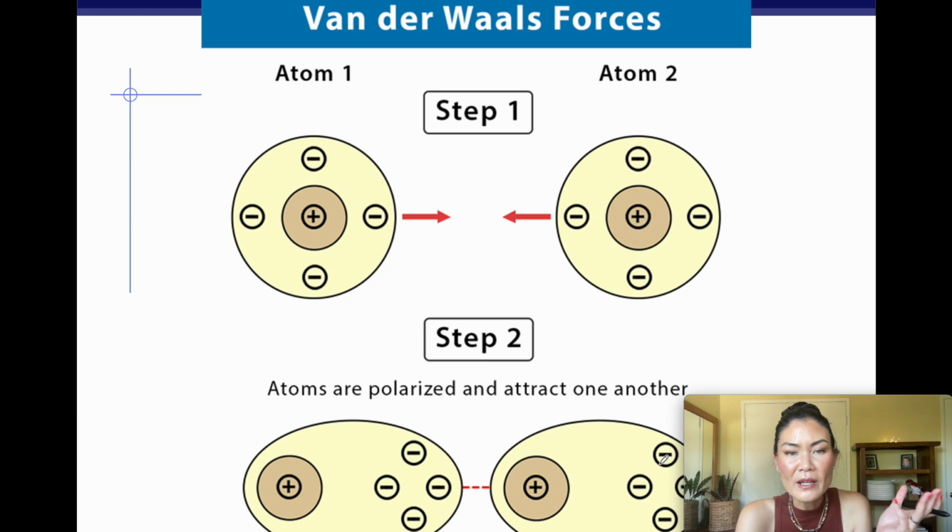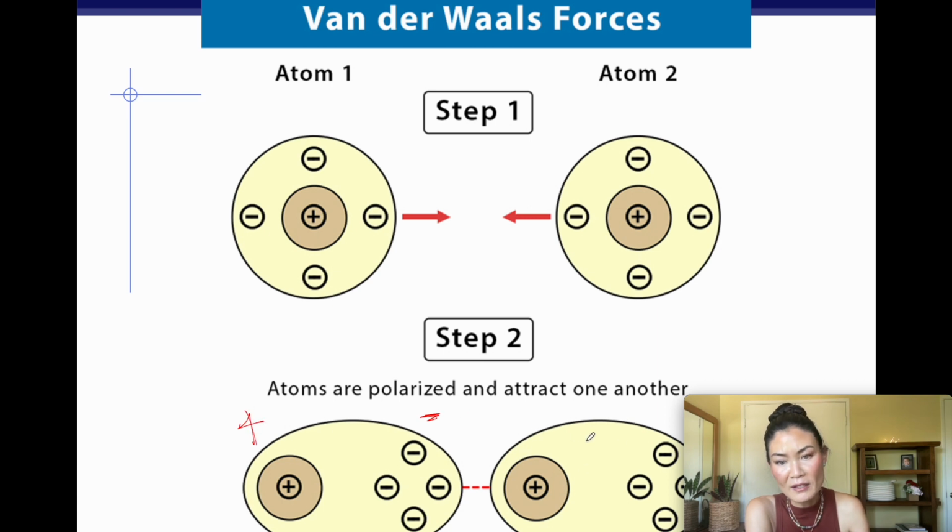Okay, I like this diagram because it does a better job of explaining what van der Waals forces are, okay? So if you have atom 1 here with electrons on the outside and atom 2 with electrons on the outside, at a split second in time the electrons happen to be on one side of the atom, leaving this side of the atom negatively charged and this side positively charged.